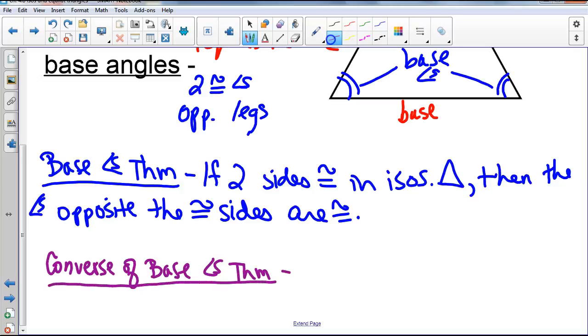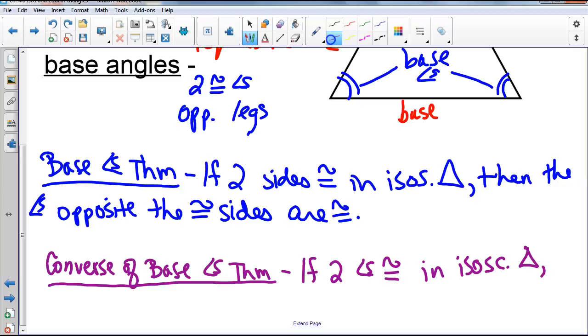The converse of the base angles theorem says, well, if two angles are congruent in the isosceles triangle, remember we switch the hypothesis and conclusion to come up with the converse. So in the base angles theorem, we said the two sides being congruent.